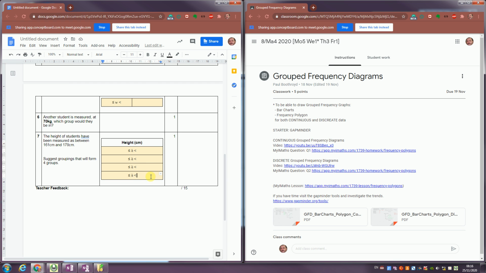Those people probably got half a mark. The sensible thing to do is to use sensible round numbers that make nice even sized groups. So 161 is approximately 160. 178 is approximately 180. So we need 4 groups spanning the distance from 160 to 180.